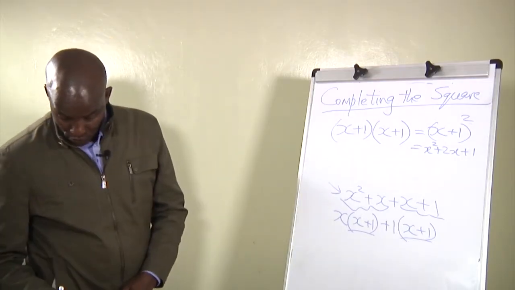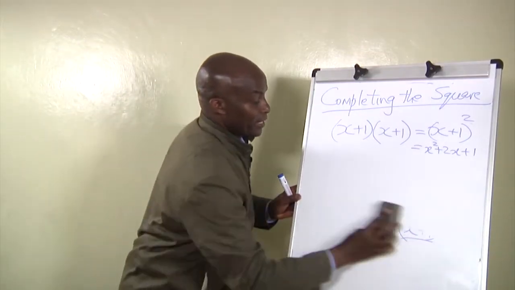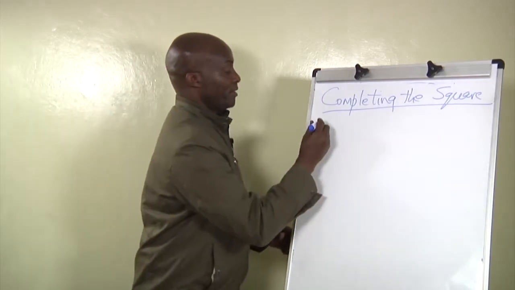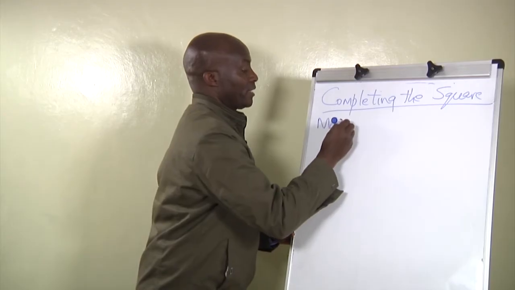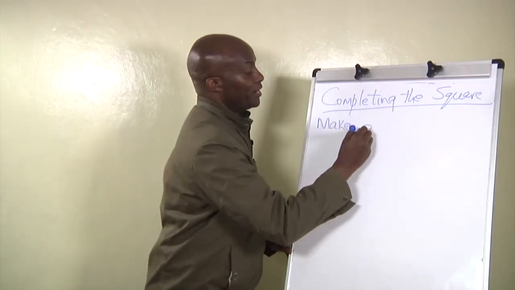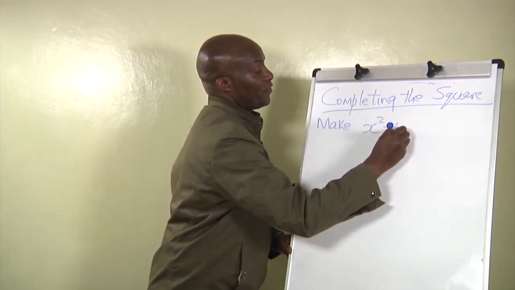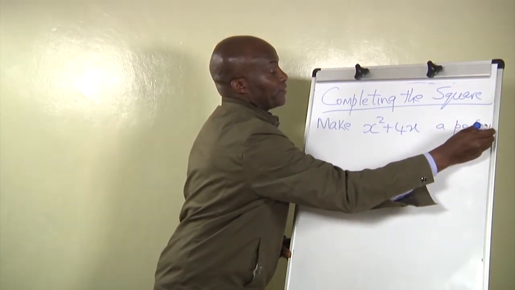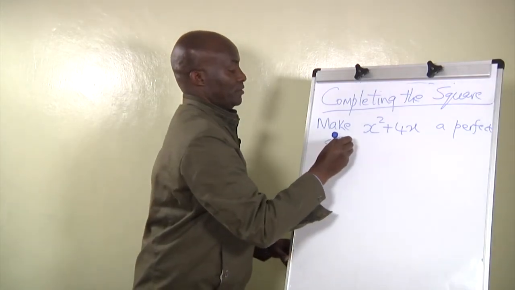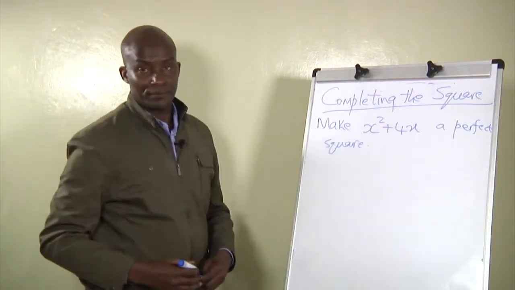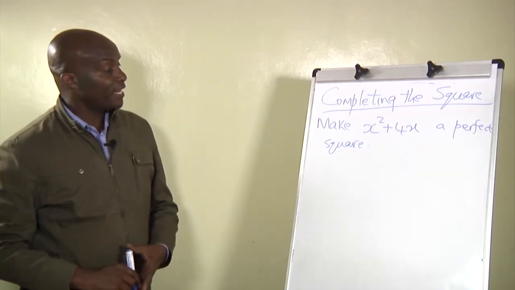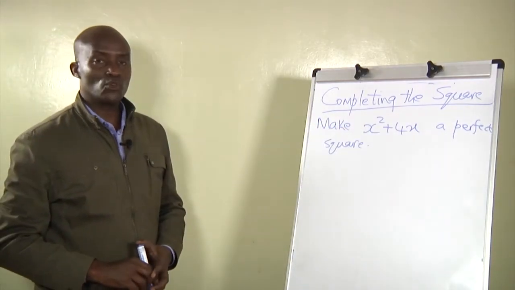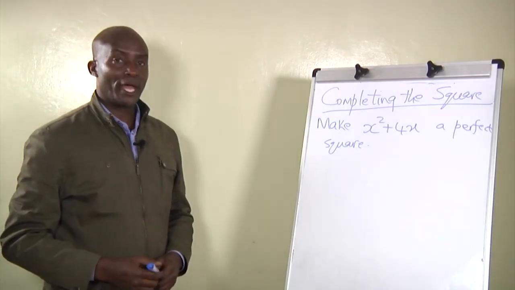Now, the task here is to make x squared plus 4x a perfect square. We will do that by completing the square.